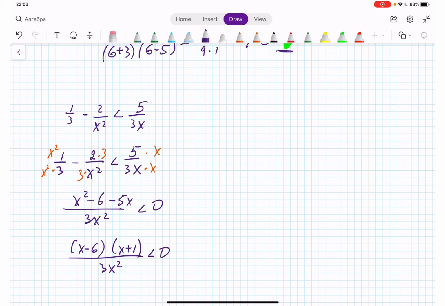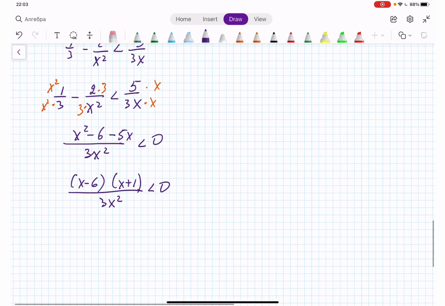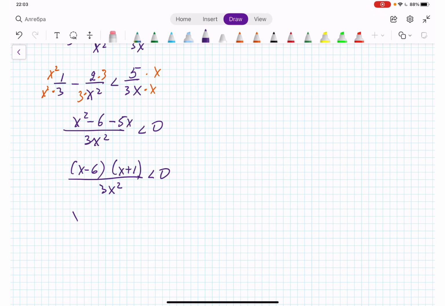All right, so what are our critical points? Our critical points are x is equal positive 6, because it becomes 0, or x is equal -1, in numerator becomes 0, and x is equal 0 for denominator.